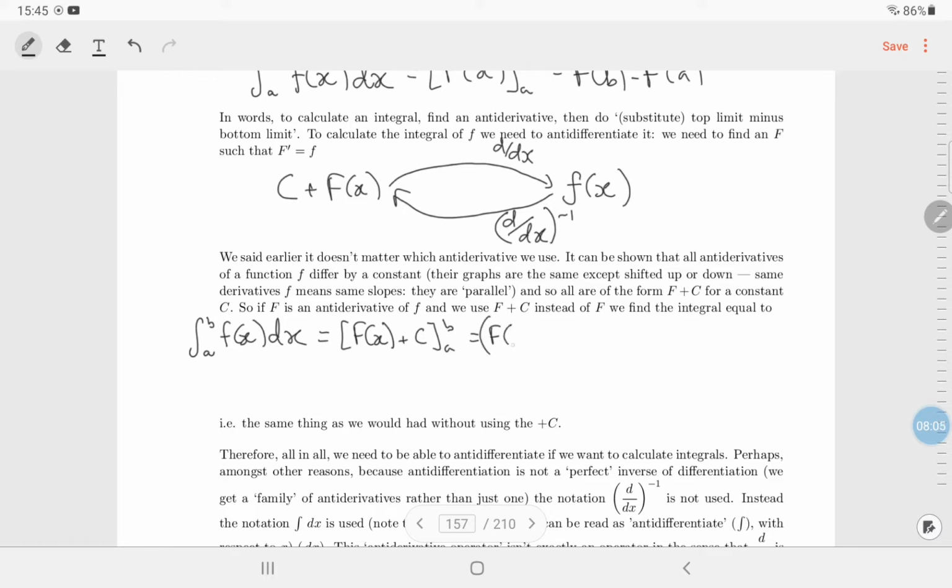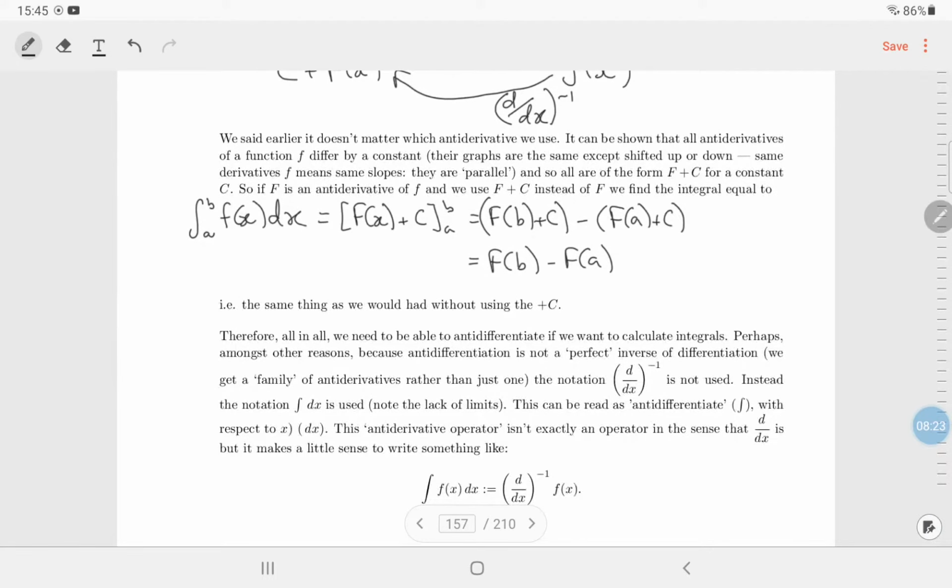You get F of b plus c minus F of a plus c, and the c minus c cancels. You end up with big F of b minus big F of a, so there was no point in using the constant. All in all, we need to be able to antidifferentiate if we want to calculate integrals.